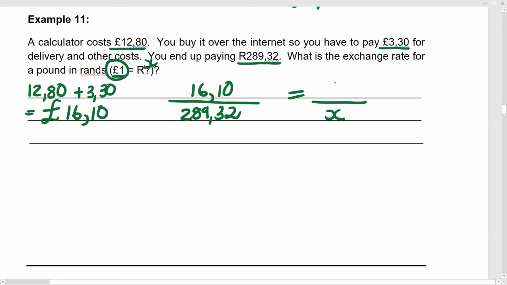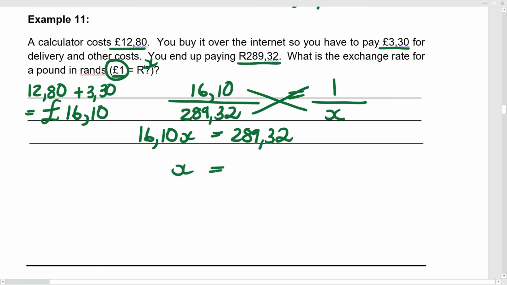Okay. So I need to now figure out what that X is. And again, I'm just going to cross multiply. I'm going to say that times that equals this times this. So I have 16.1x equals 289.32, and then I'm going to divide to solve for x.